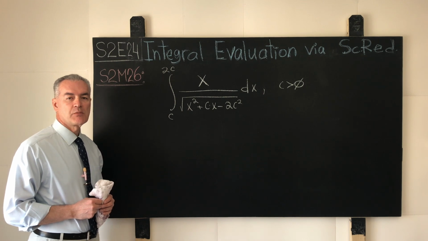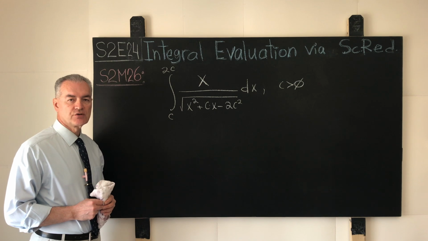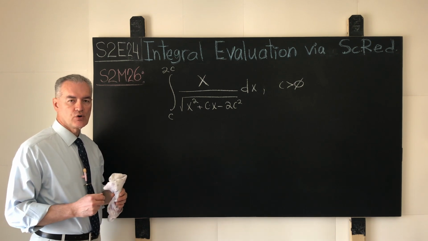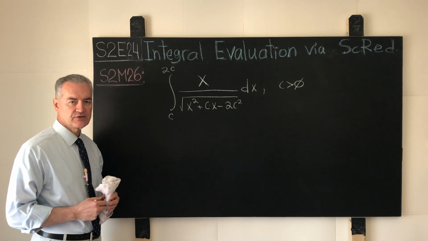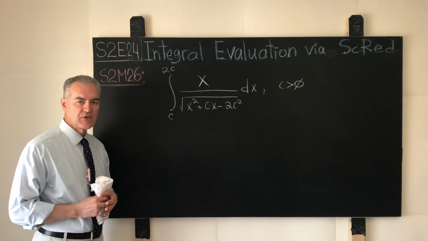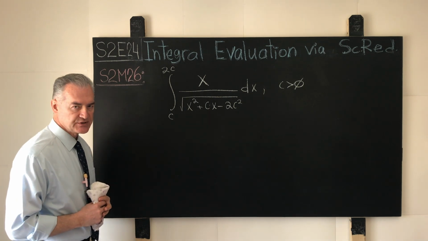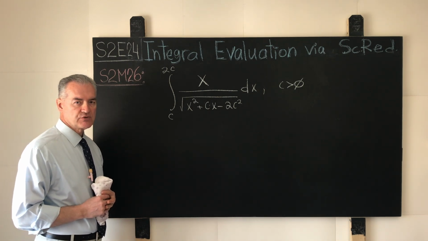In the mathematical problem S2E24, we're asked to evaluate a certain Riemann integral using the scope reduction or reduce and conquer problem solving approach. In particular, just to make sure that we're all on the same page and we all understand which problem we have to solve. In this problem S2E24, we're given the following Riemann integral.